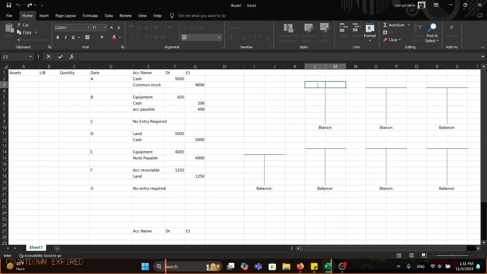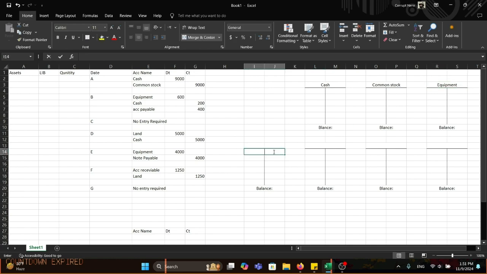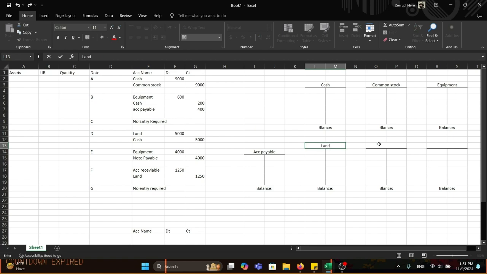T accounts, we have cash, and we have common stock, and we have equipment, and we also have account payable, and land, note payable, and note receivable.